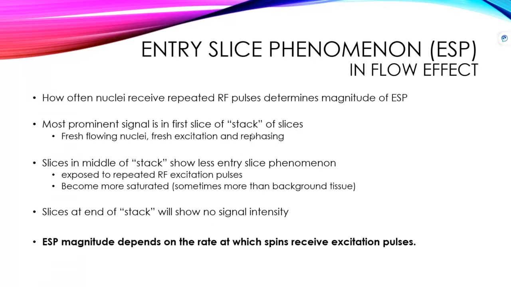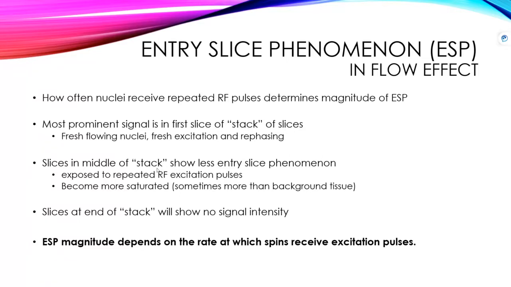So again, in the first slice of that stack, you're usually going to have those fresh flowing nuclei. That's that entry slice phenomenon, which means in the entry slice, that blood is just producing a really bright signal.